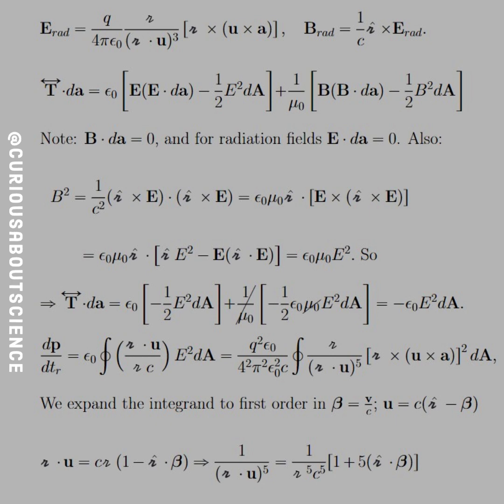So what we're left with here is the E squared dA term and the B squared dA term. Hence, we need to find what B squared is in terms of E squared. And we can do that by squaring the B, taking a dot product of the cross products. And as you see, when we do that, we can distribute that dot product.